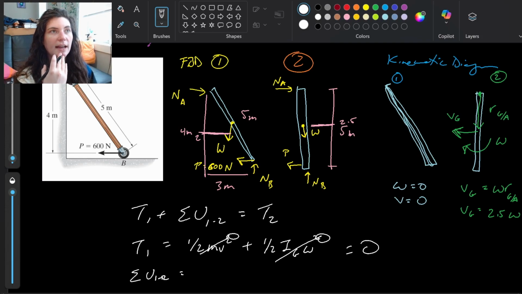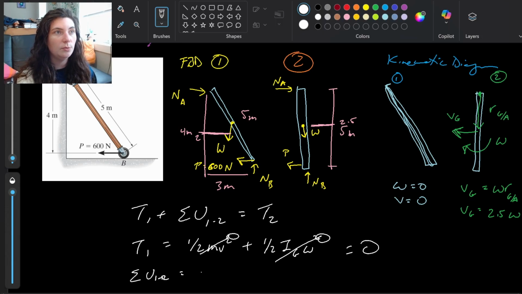If we look at our NA and our NB, we see that neither of those forces cause a displacement, so neither of them are doing work. So not anything from NA, not anything from NB. And then we have that applied P force, that 600 Newton force at P. That most certainly is doing work.